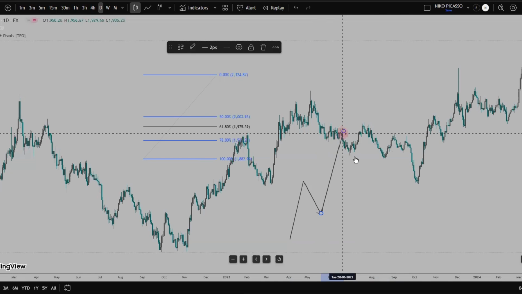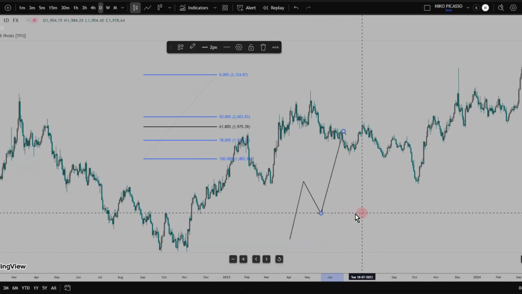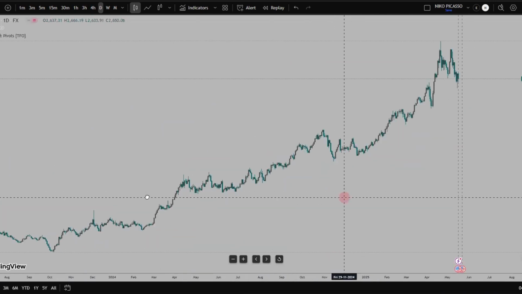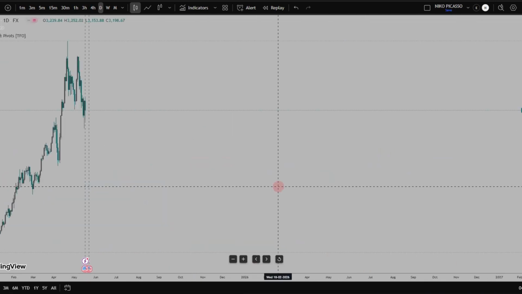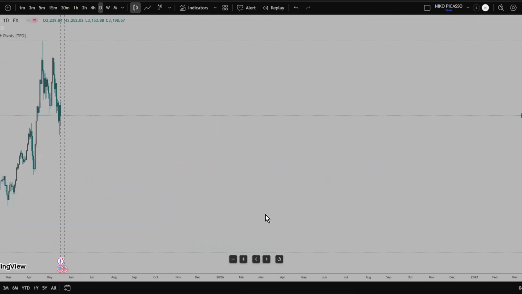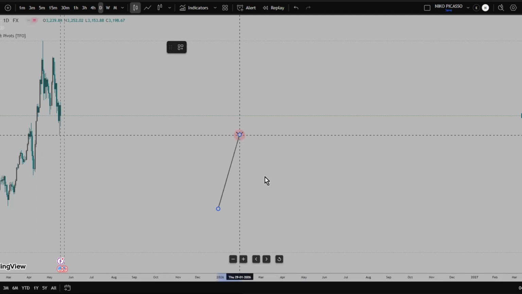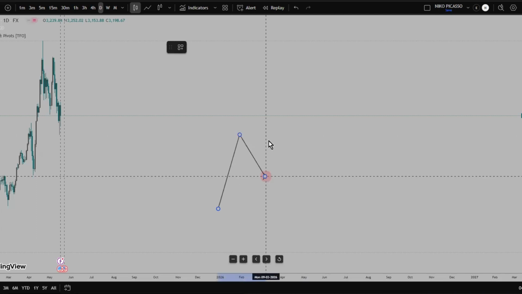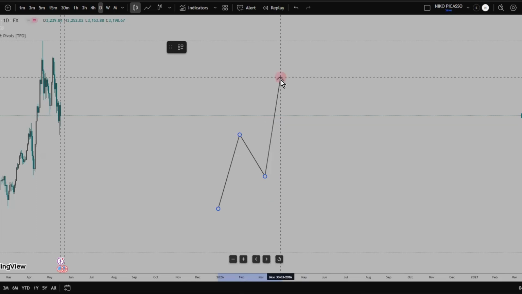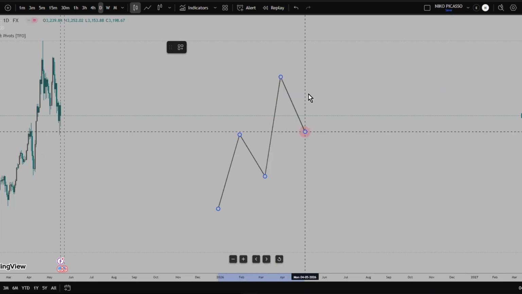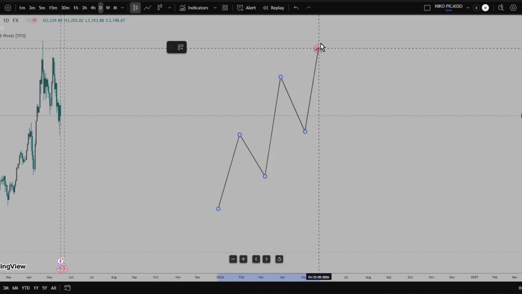Now, sometimes what happens is that the market will fail to return to the 50%. For example, the market sometimes will start to expand in one direction. It will return to 50%, and then it will expand. It will again return to 50% and expand.